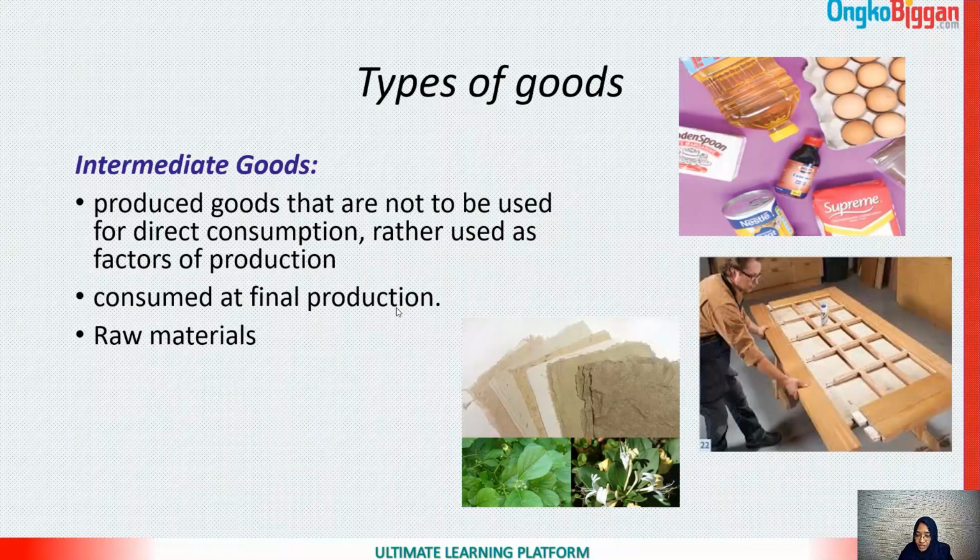When the factors of production are used and a finished product is made, then people consume it. And these are mainly the raw materials. Intermediate goods are mainly raw materials in a word. Suppose wood logs are used for making doors or windows. These plants are used for handmade papers, and people use these papers, doors, and the baked cakes or breads, etc. So the intermediate goods are the raw materials of finished products.